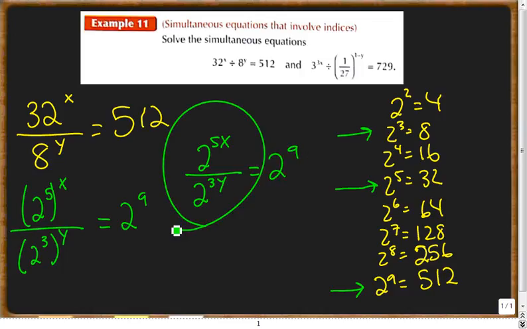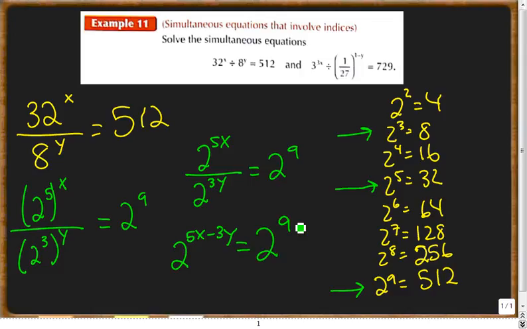Over here we have the two exponents stacked on each other. In order to make the left side look like the right side, I want to take away the 3y from the top. Our rule when we're dividing is to subtract the exponents. So this will make 2 to the 5x minus 3y equals 2 to the ninth.